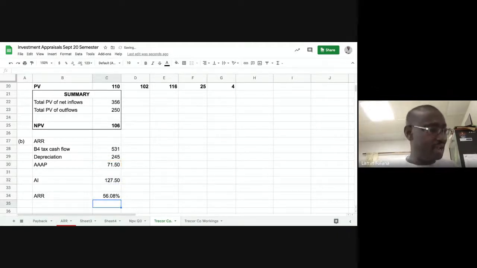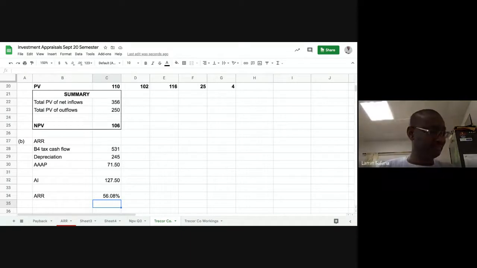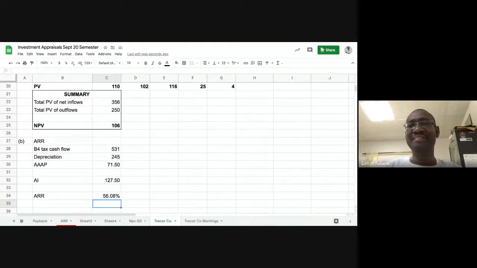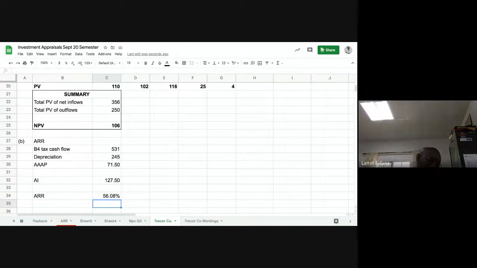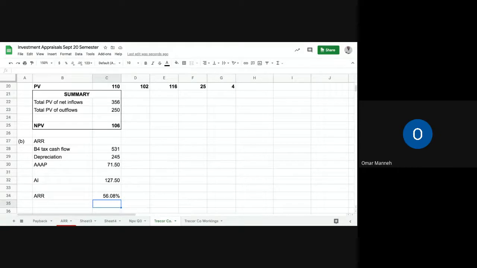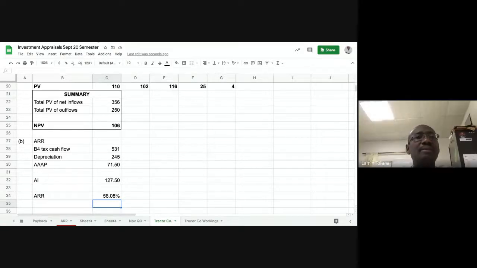So our accounting rate of return is 56%. Okay? Clear, everybody? This is a simple one. The same way we have done our accounting rate of return is the same method we have used here. Is it clear, everybody? Yes, it is. Okay, good.